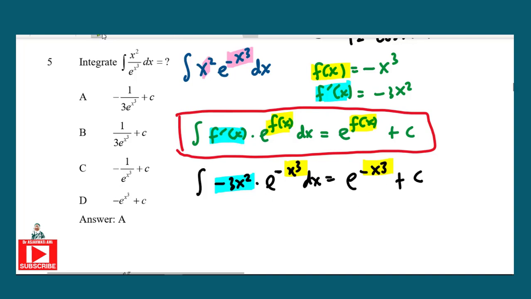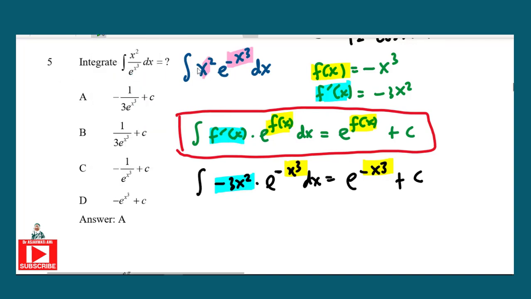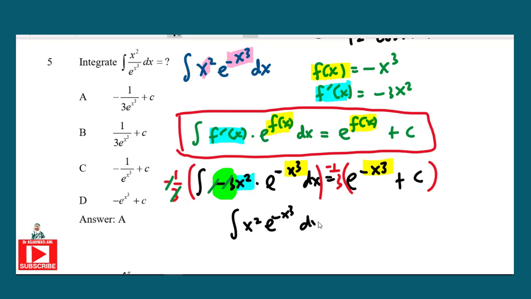Now check the initial question: it is x squared without the negative 3. We should get rid of negative 3 by multiplying both sides by negative 1 over 3. Negative 1 over 3 times negative 3 cancel. And the answer is the integral of x squared e power negative x cubed dx is equal to negative 1 over 3 e power negative x cubed plus c.